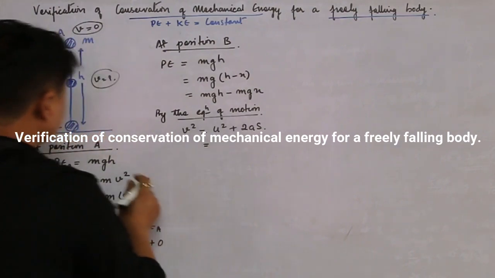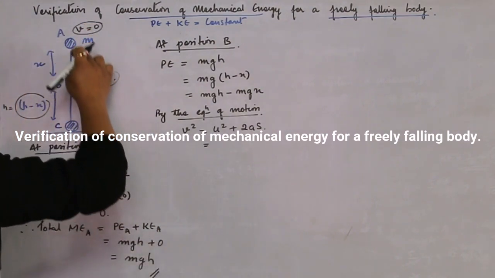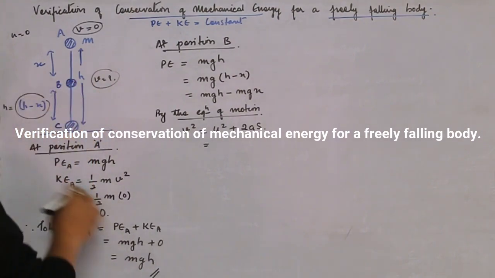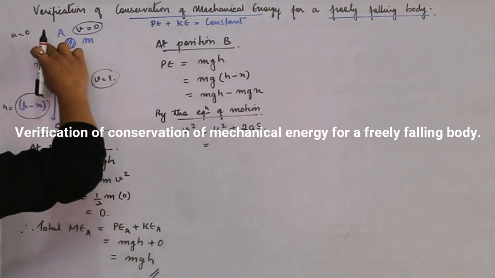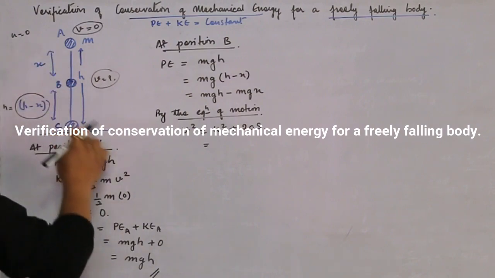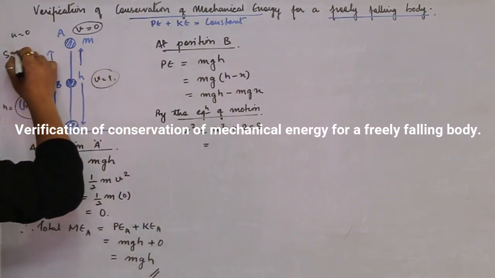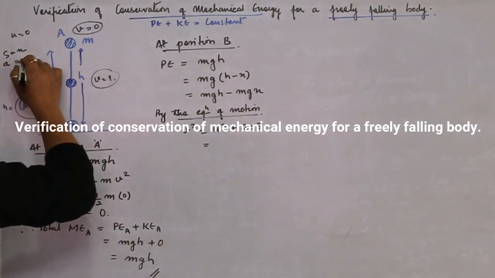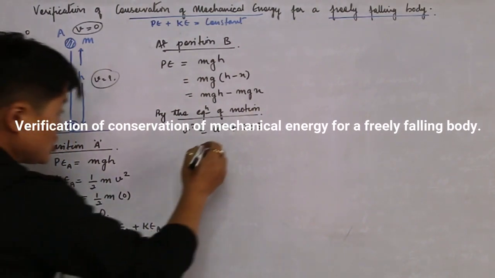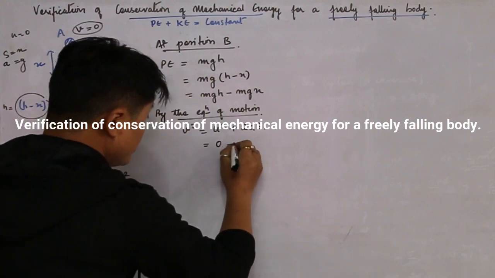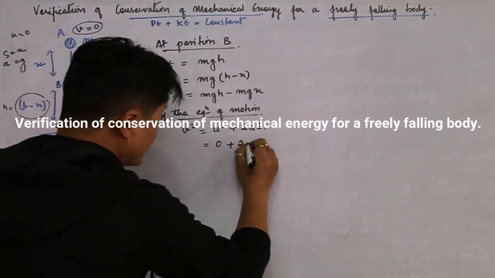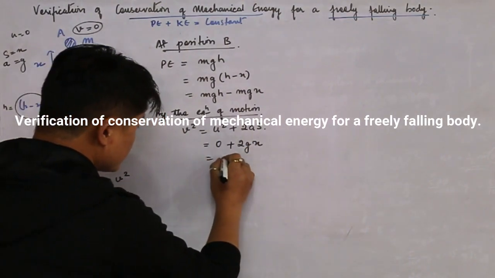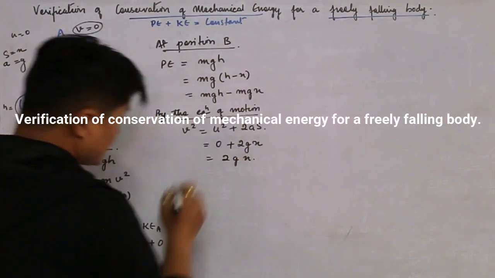The body is falling from here, so initial velocity u is 0, the final velocity is v, the distance covered s is x, and the acceleration a is g. So v square is 0 plus 2 times g times x, which is 2gx.